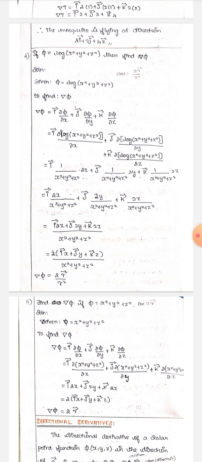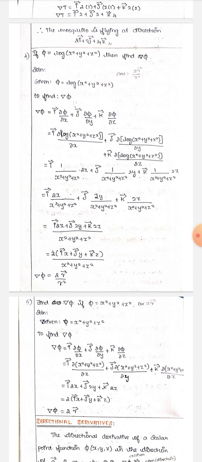So we already know that differentiating log x with respect to x is equal to 1 by x. In the same concept you can substitute here. So you can consider x square plus y square plus z square as x.